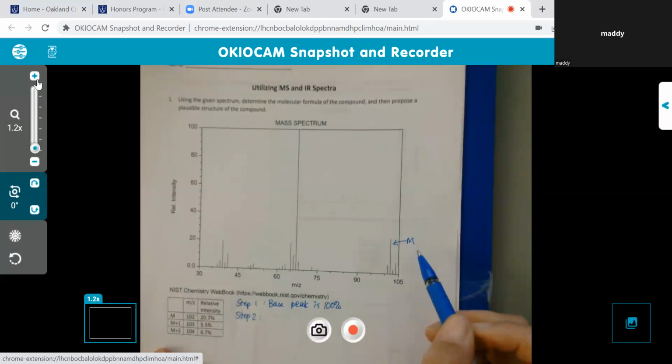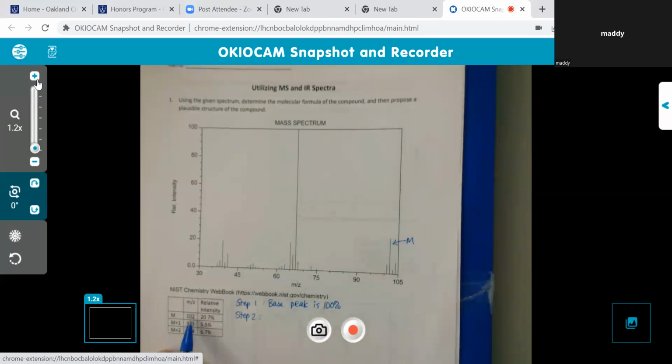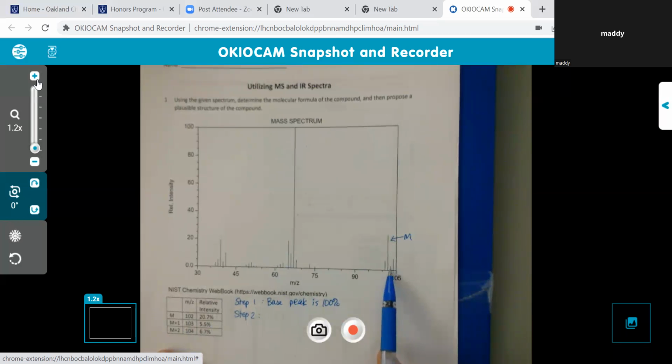And it has a mass to charge ratio of 102, as it's written in the table. If you were to use a ruler, you would notice that it has a relative intensity of 20.7%. The M+1 peak right here, this little guy, is a mass to charge ratio of 103. It has a 5.5% relative intensity. And then this M+2 is a mass to charge ratio of 104, and it has a relative intensity of 6.7.